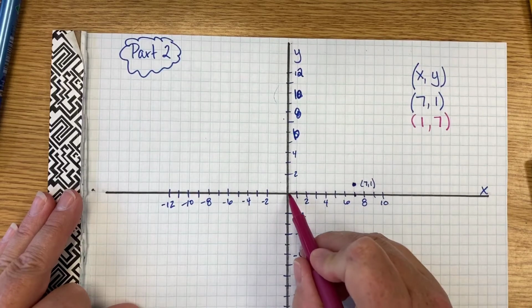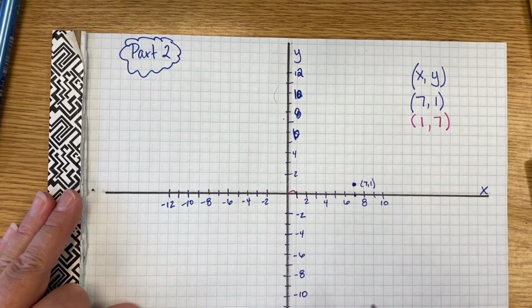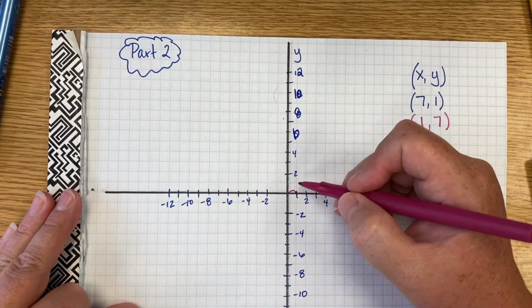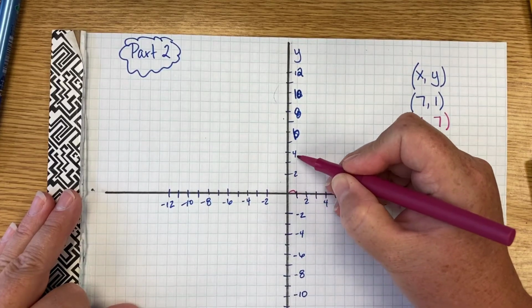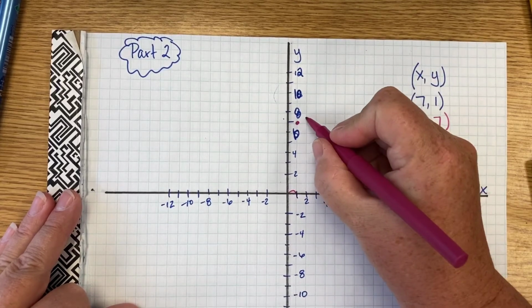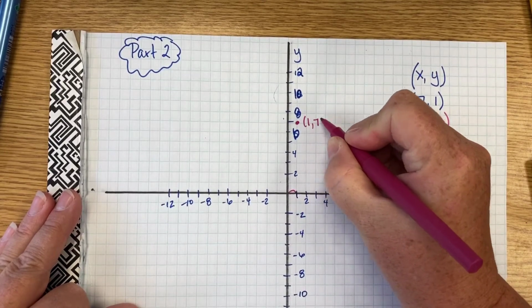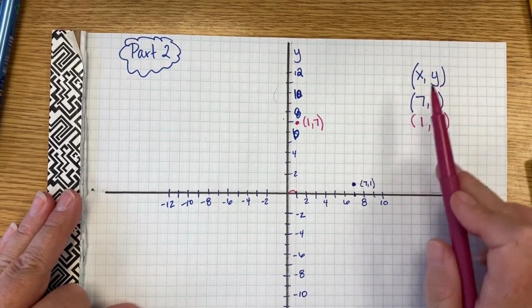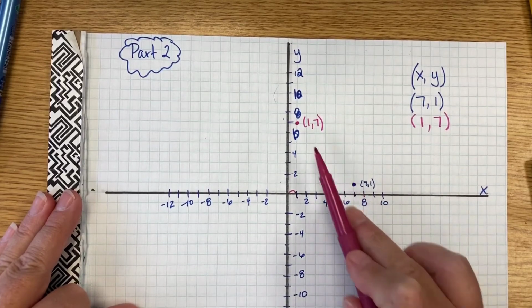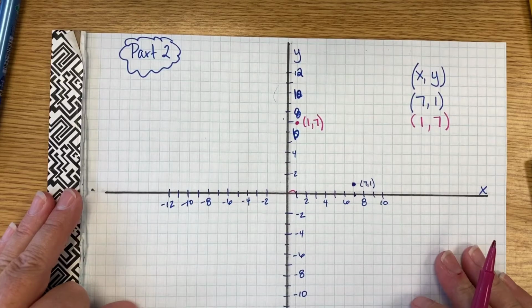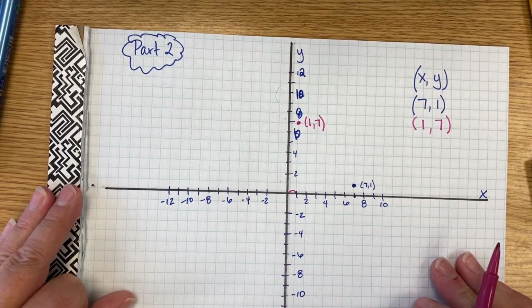So we're only going to go over 1 step to the right. And then we're going to go up 7 from there. So 1, 2, 3, 4, 5, 6, 7. And so that point is 1, 7. So even though they have the same numbers, because we put them in this order, they are in very different places on the graph.